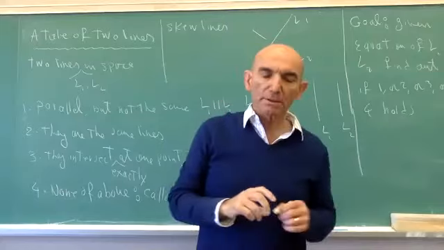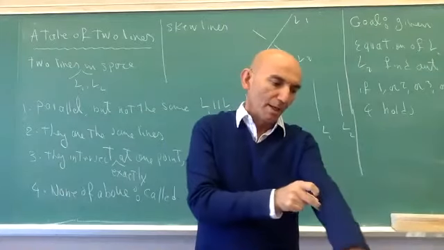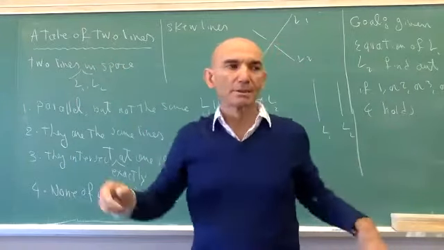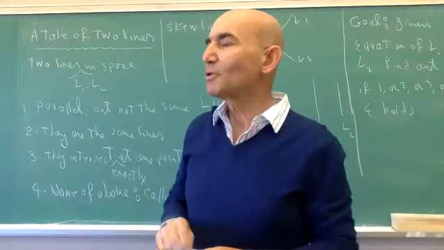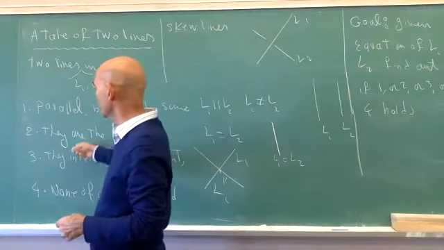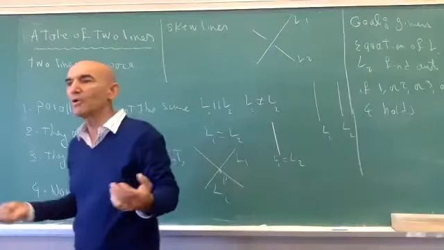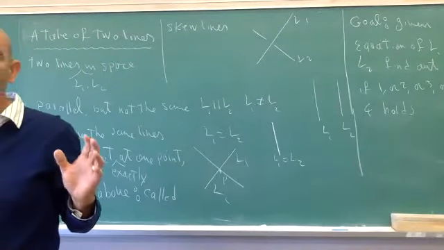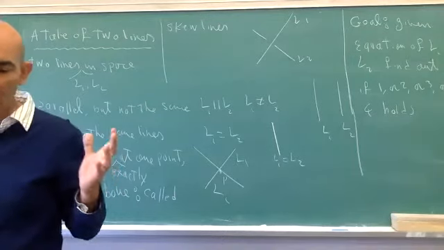Now, let me ask you the following question. Imagine you just choose 2 lines at random in space. What would be the possibility? You think it's more probable to be case 1, case 2, case 3, or case 4? Which one do you think is more probable? I just want you to give me an intuitive feeling.